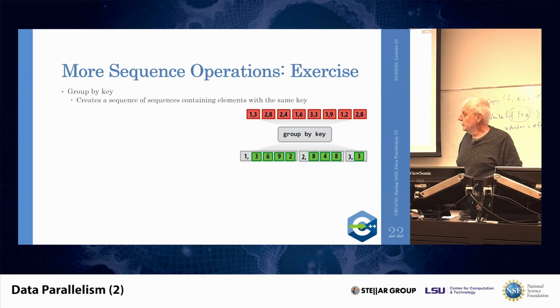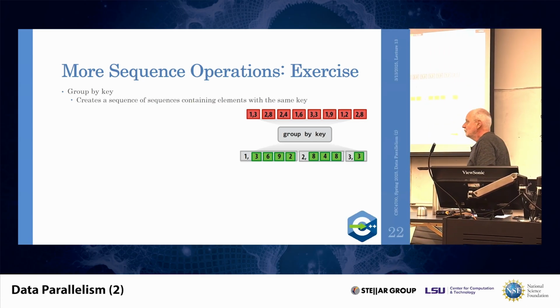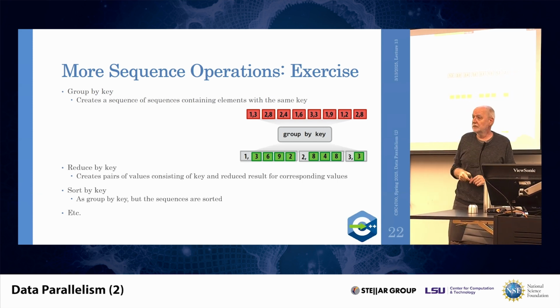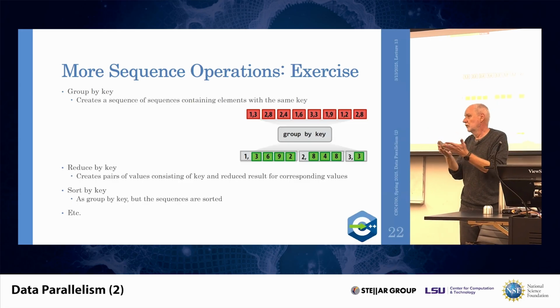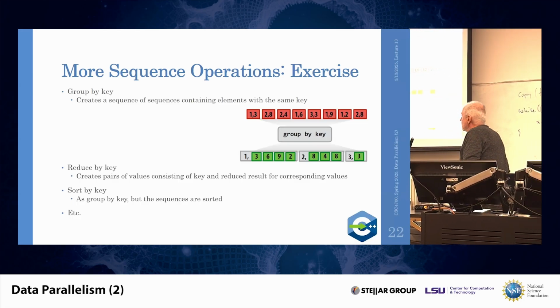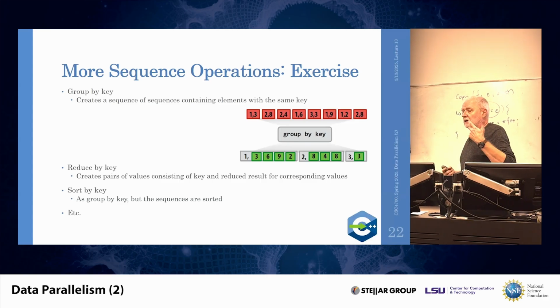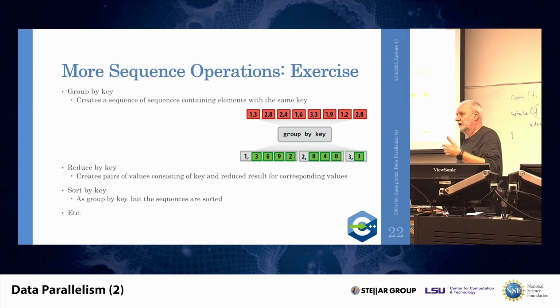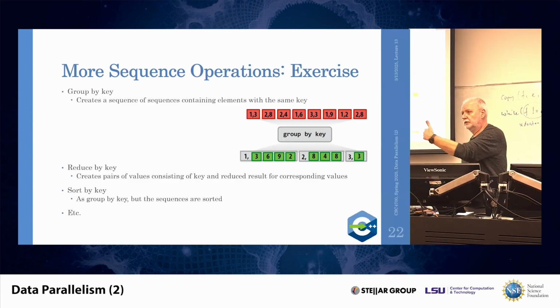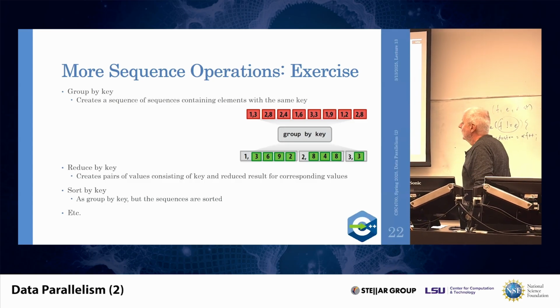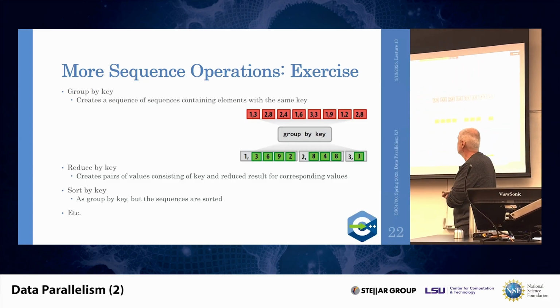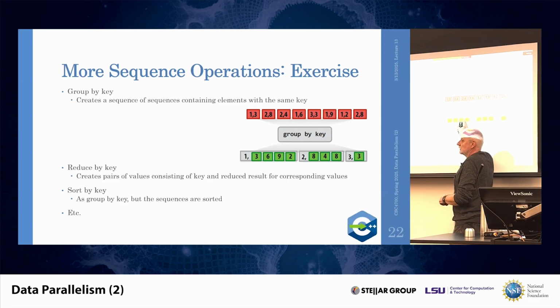There are more of those algorithms. Reduce by key, which is doing group by key, just that it additionally reduces the elements inside each of the sequences, adds them up or applies some reduction operation. So it produces a sequence of keys and results. So it gets a reduction operation for the 1, for the 2, for the 3, and for the 4, and so on. And the other example is sort by key, which is the same as group by key, except that the sequences are ordered.